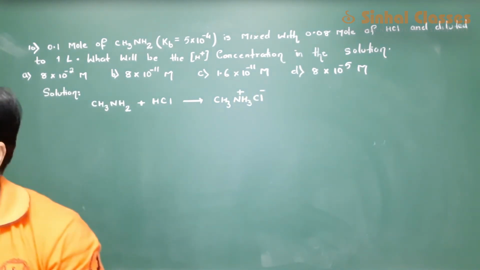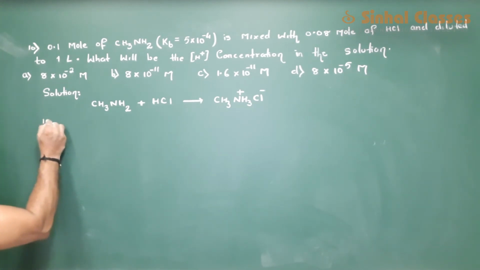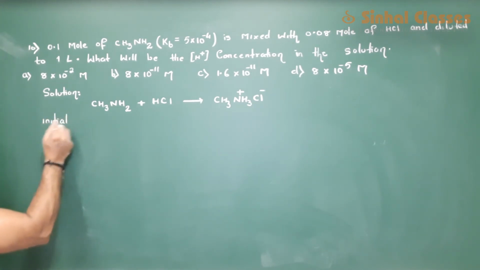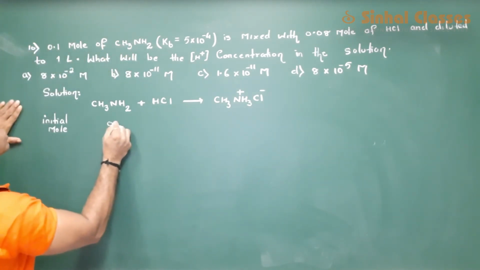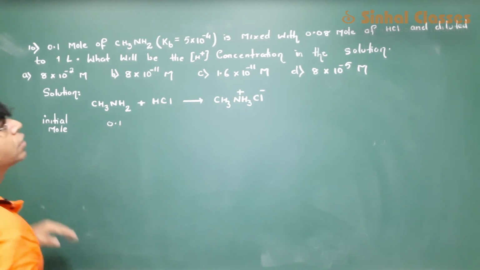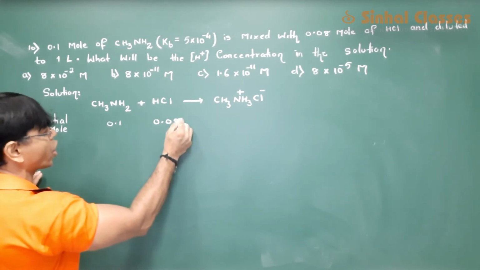So you get a salt. Now the initial moles for methylamine is given as 0.1 and HCl is 0.08.